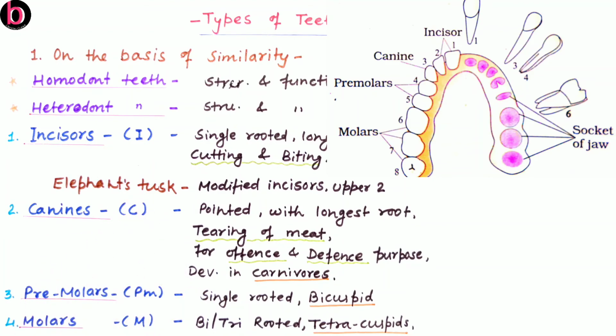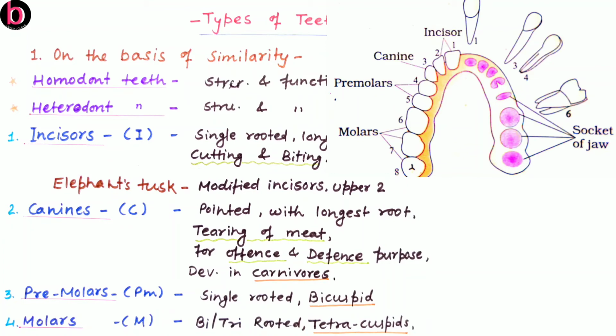The second one is the canine, denoted by the letter C. These are pointed and carry the longest root. Their main function is tearing off meat or flesh, and they are also used for offense as well as defense. These teeth are highly developed in carnivores.